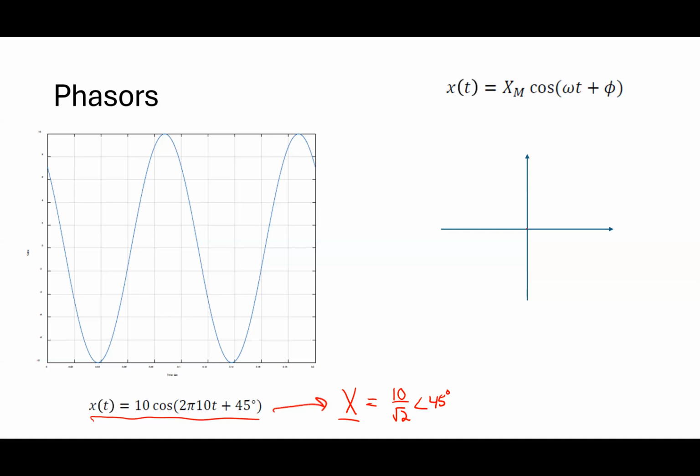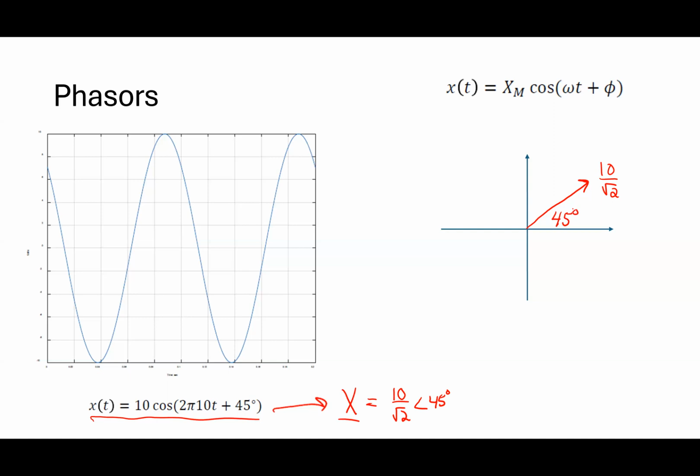In this case the magnitude is 10 divided by square root of 2. And then the angle, where do I measure angle from? Where's 0 degrees? From the x-axis. And which way is positive angles? Counterclockwise, right? So this would be 45 degrees here. So I would draw it like that.